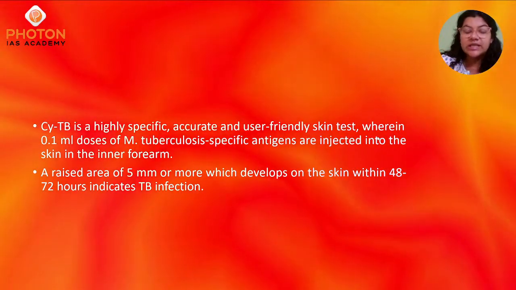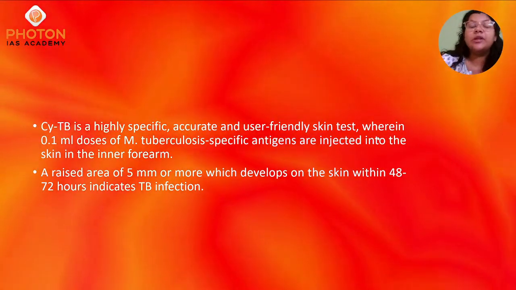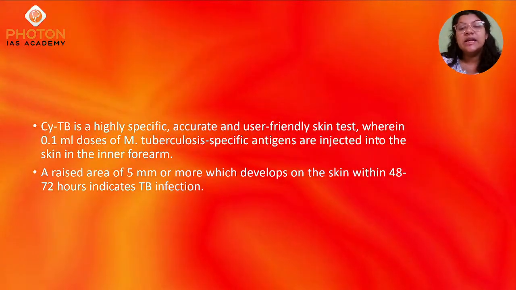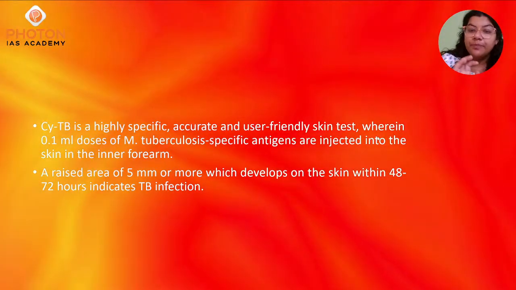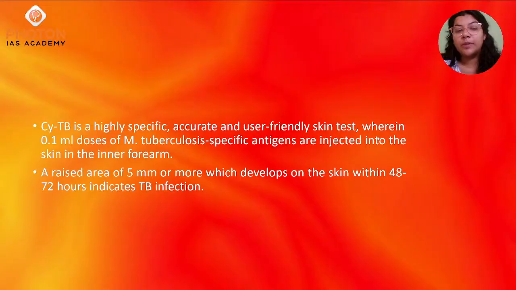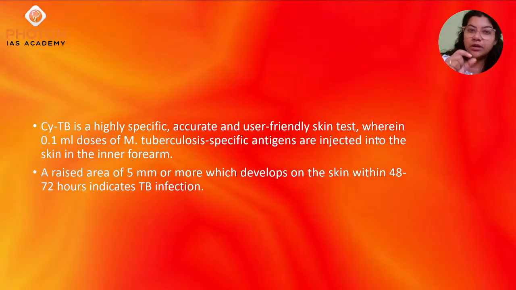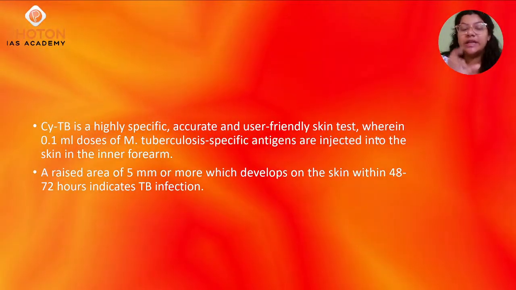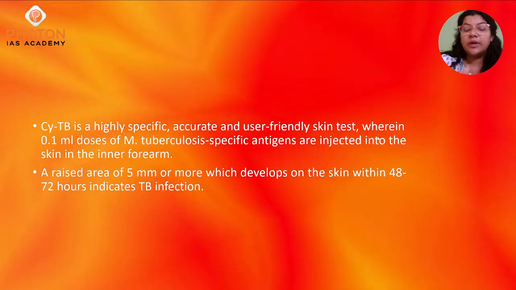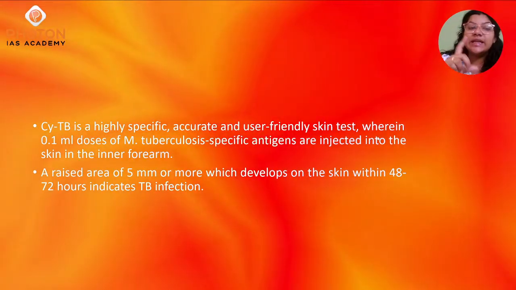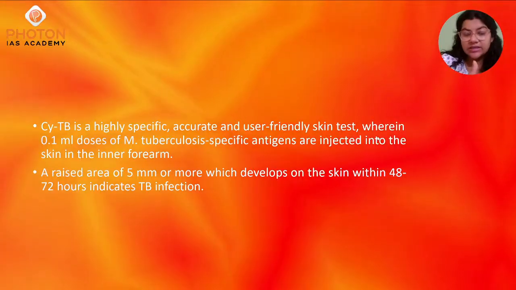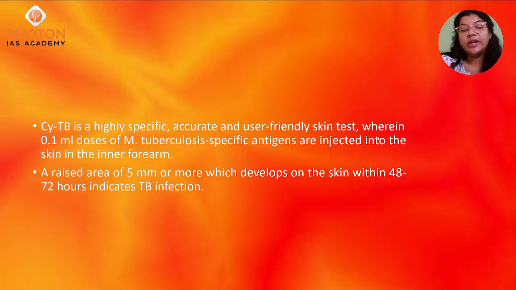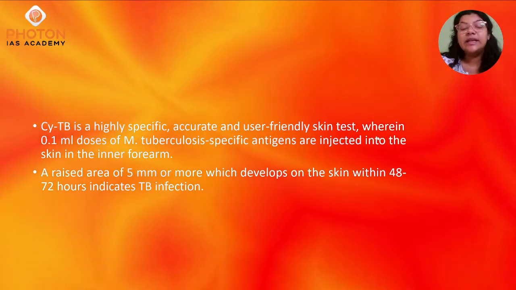This is injected into the skin in the inner forearm. If the area where the injection has been taken is raised above 5 mm within 48 to 72 hours, it indicates a TB infection.